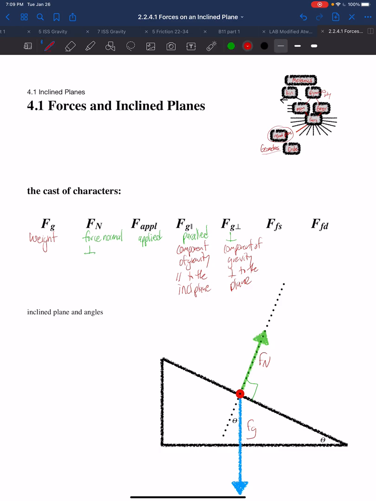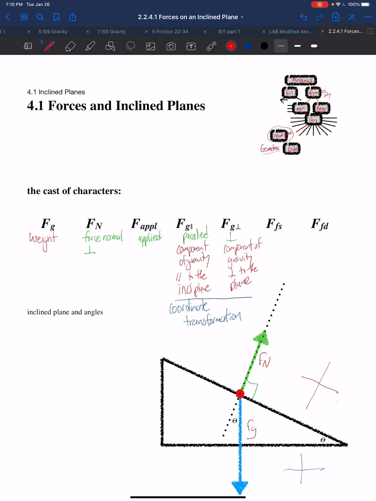And I will use this phrase again later, but when we break the force of gravity, the weight, into its components, what we are doing is a coordinate transformation. It's a very fancy word, and we've seen it before. We could look at our XY axes or XZ axes like I've just drawn in blue, or we could look at them as if they are drawn in red like this.